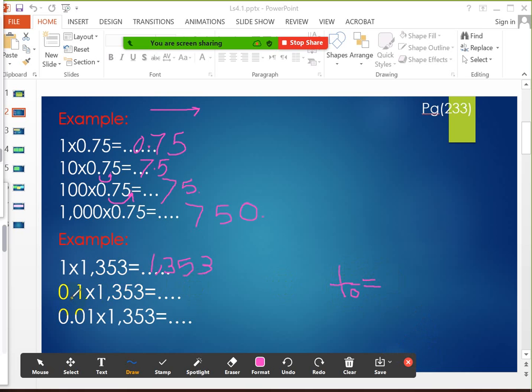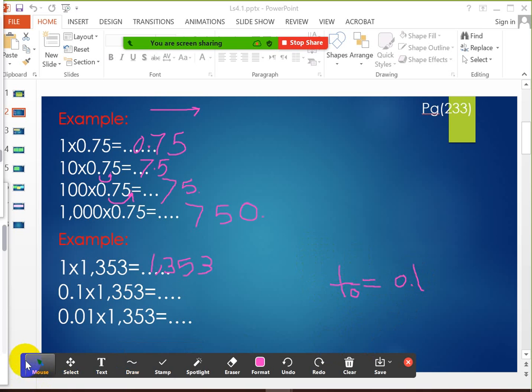You remember how to write the decimal fraction as a decimal number. 1 over 10, that means this is 0.1, right? 1 over 10 equals 0.1, because you have to write the numerator and move the decimal point according to the number of zeros in the denominator. So 1 over 10 equals 0.1.